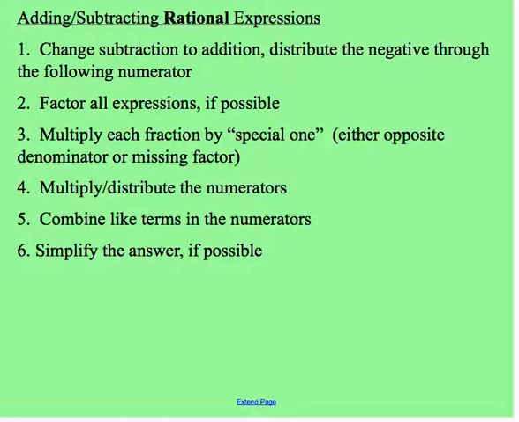Factor everything if you need to, or if it's possible. Multiply by that special form of 1 like we just saw, either, in my first example, the opposite denominator, or in my second example, just the missing factor. Simplify your numerator so that we can combine like terms, and then simplify your answer.